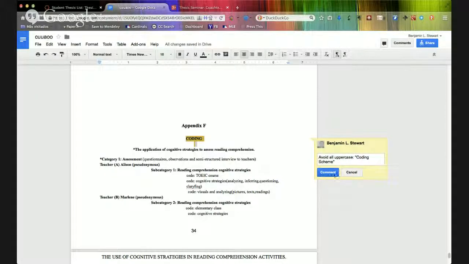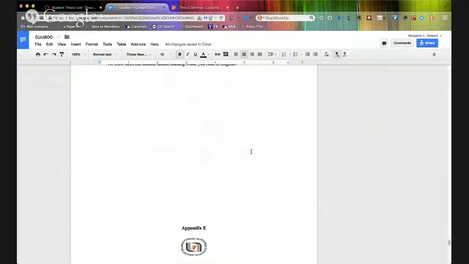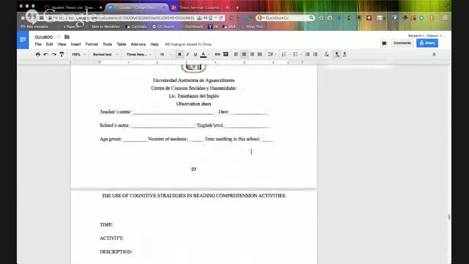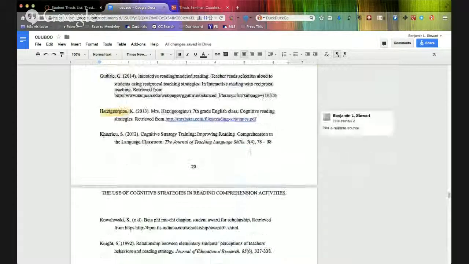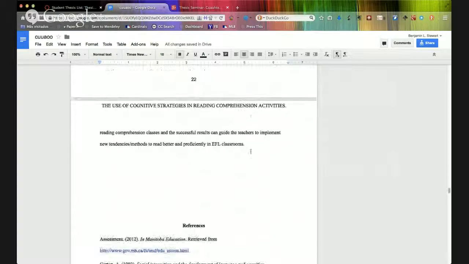Mm-hmm. And this is a level 2. Page break. So.